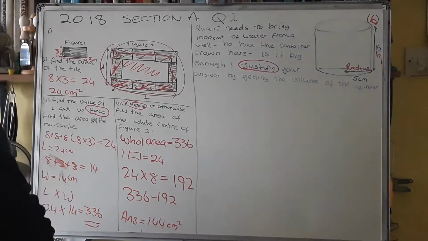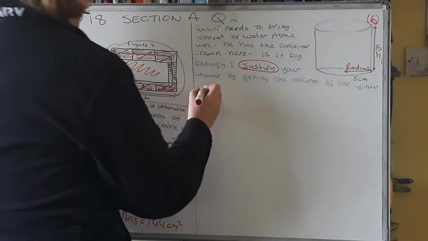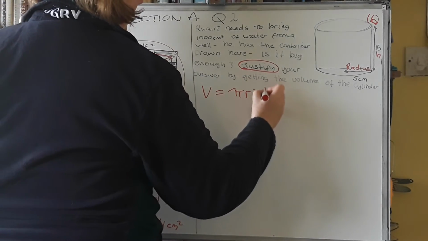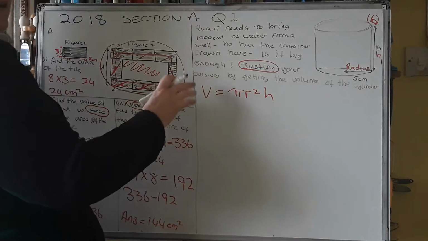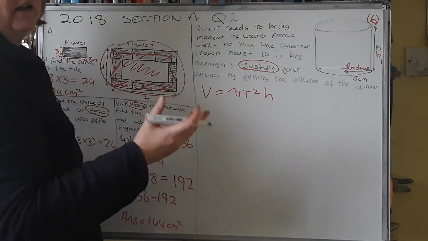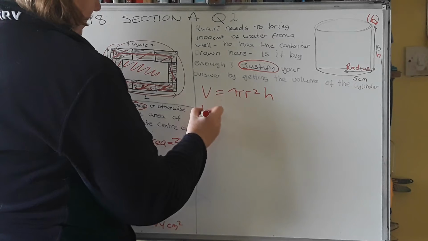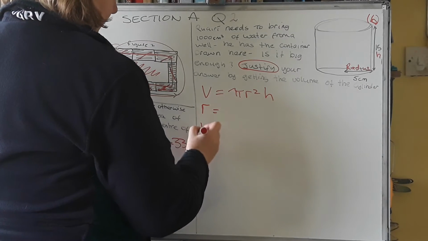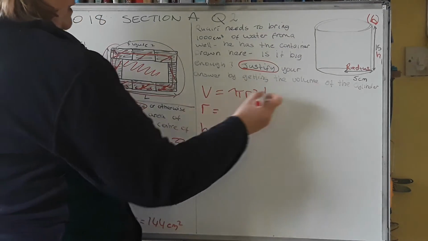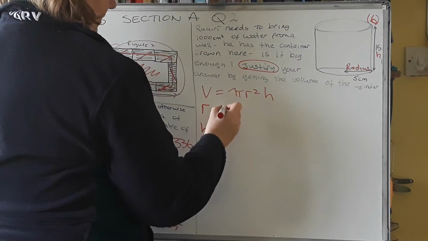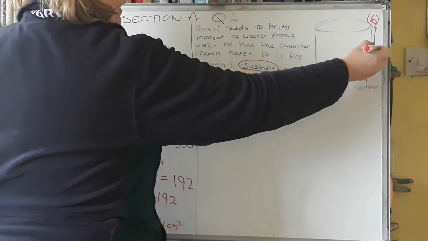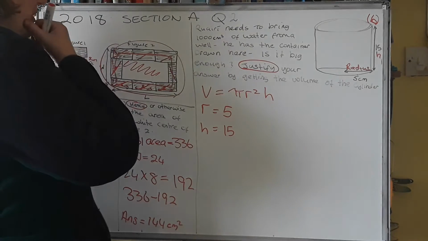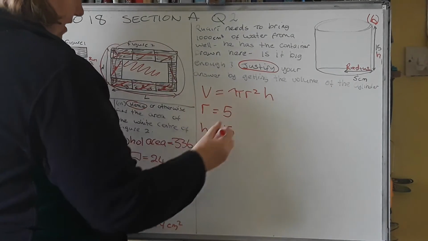Right, so our volume that we just looked up is pi r squared h. So we need to put in, now I'm not going to bother putting in a value for pi because your calculator will do that. I want a value for r and a value for h. R stands for the radius, which we know from here is 5. H is the height, which we know from here is 15. So now I'm going to put these in instead of r and h.